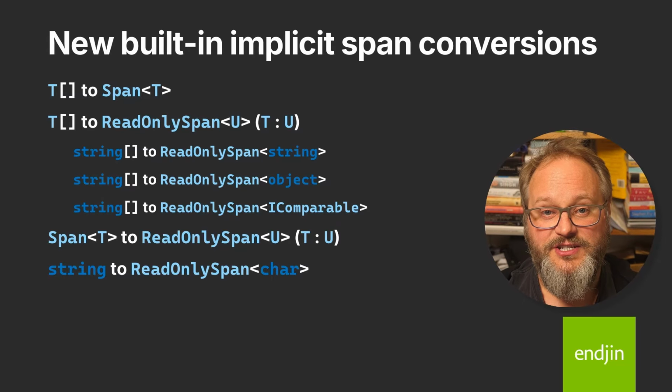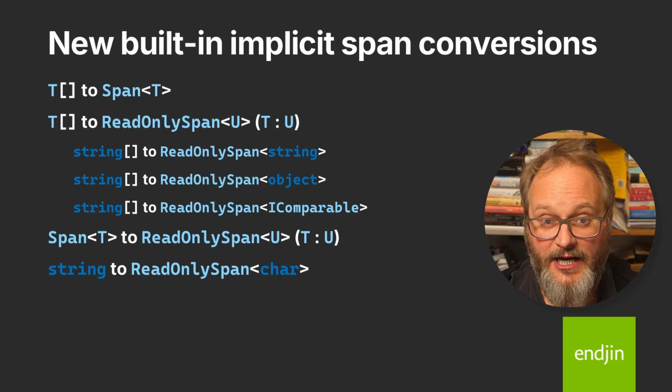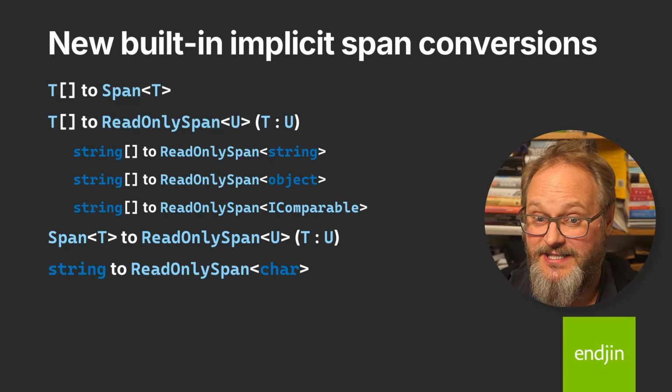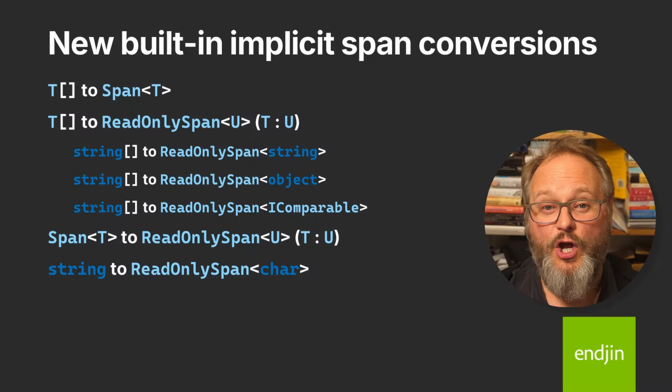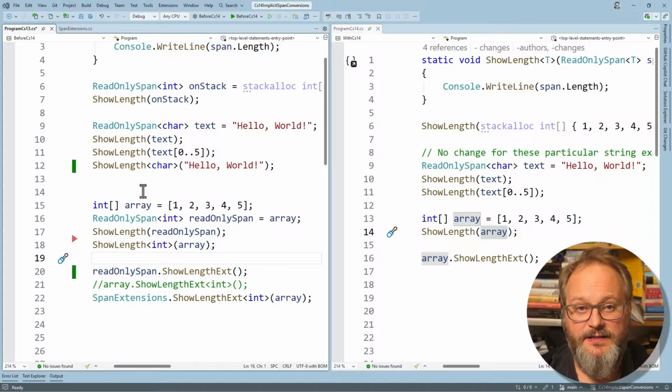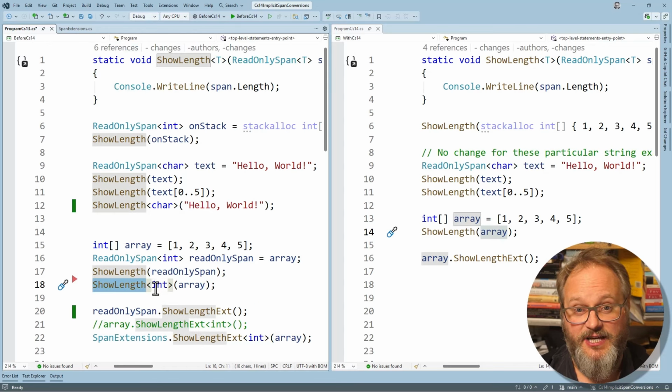For example, this new feature adds some new type inference rules, specifically for the case where an array is supplied where either a span or read-only span is expected. This is why in C# 14 we no longer need to provide a type argument when passing an array to a method that accepts a span. In C# 13, the only way I could pass an array expression to my span-based method was to supply the type argument.